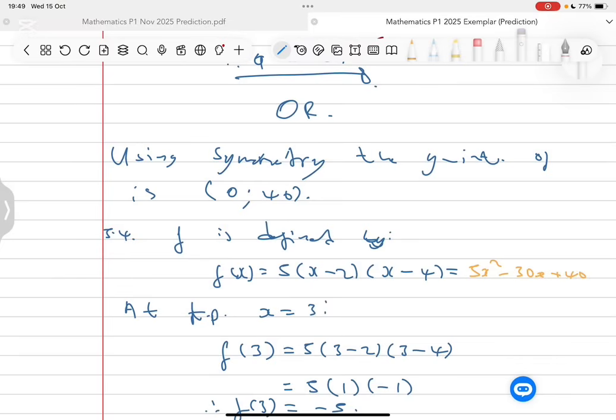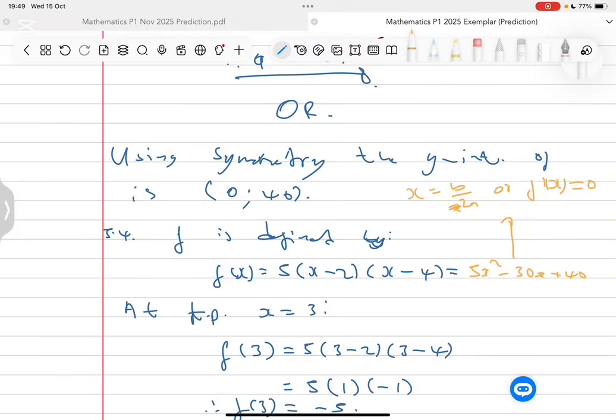I know that there are other ways of finding the turning point. One can use x equals b over negative 2a, or one can use calculus, where we look for the first derivative and equate it to 0 because of the stationary point, find the values of x and then put it into the original equation to find the corresponding y value.